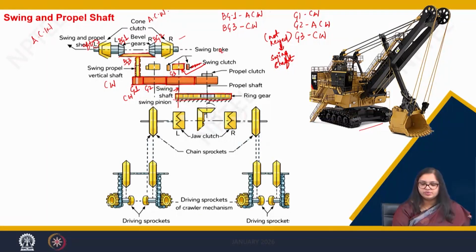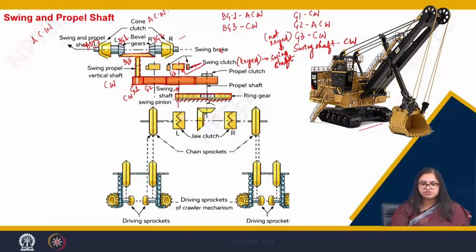My swing gear 3 is not keyed to the swing shaft. However, my swing clutch is keyed to the swing shaft. Okay. So, when my gear 3 is rotating in clockwise direction and now the swing clutch gets engaged with gear 3, my swing shaft now rotates in clockwise direction.